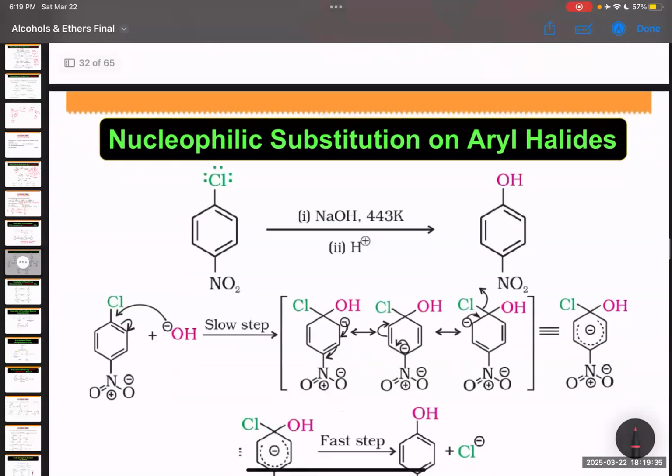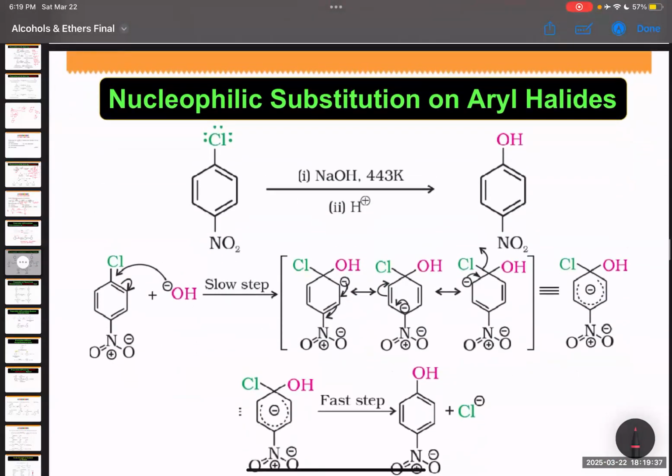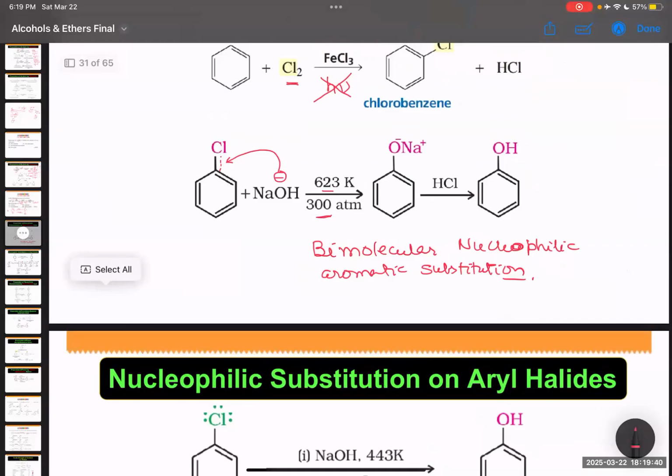If you have NO2 group, you can note down the temperature, that is not very high temperature, it is 350 degrees Celsius. Otherwise it is not going to be possible with aqueous NaOH. Suppose if I take this kind of substrate, one Cl is being directly connected to the benzene ring, another Cl is being connected to an aliphatic group.